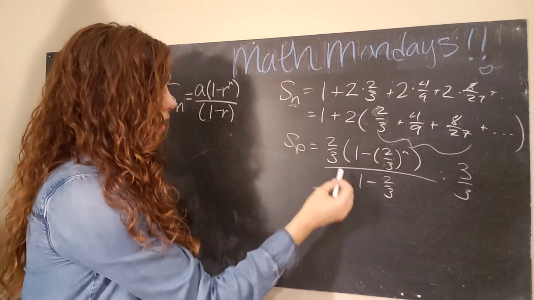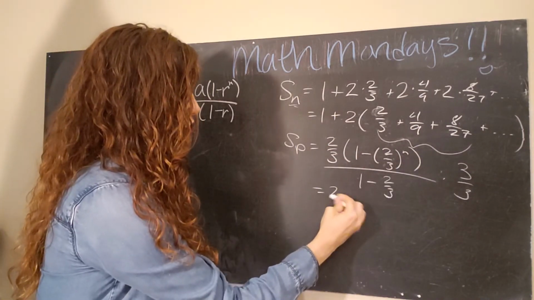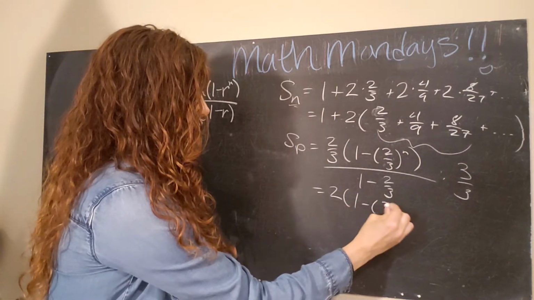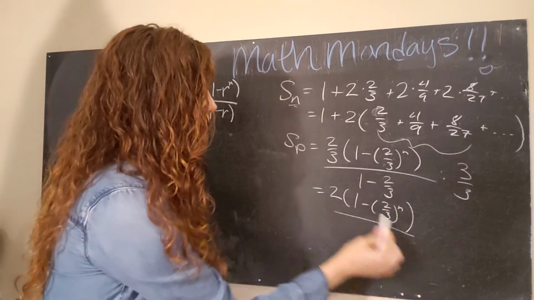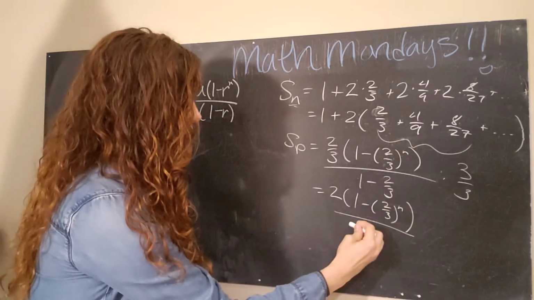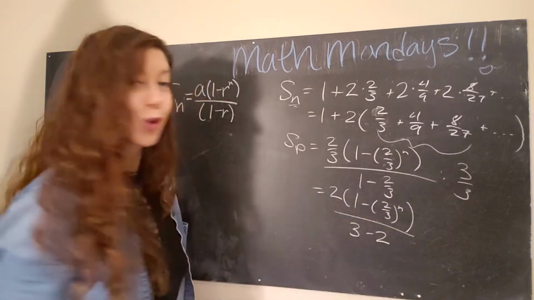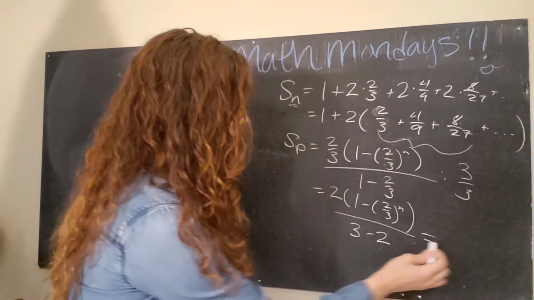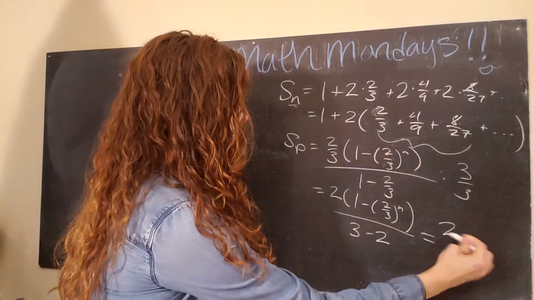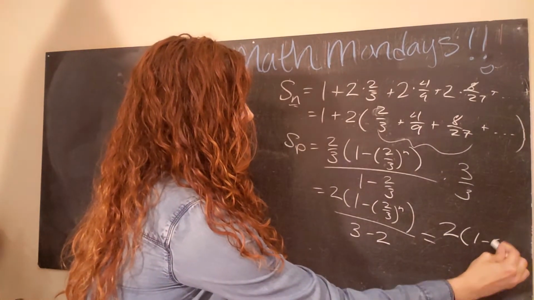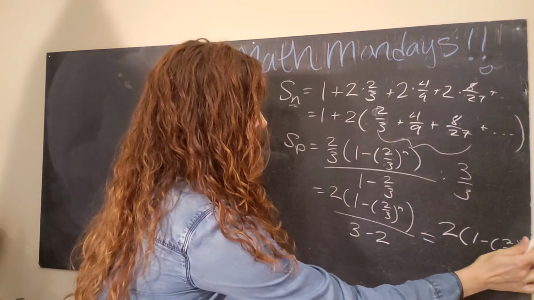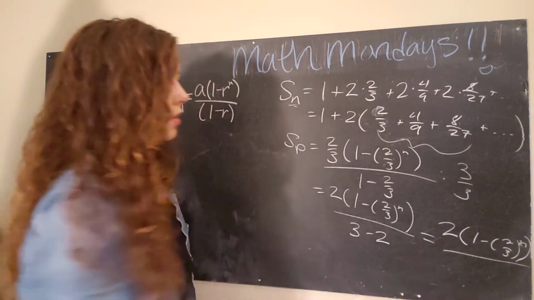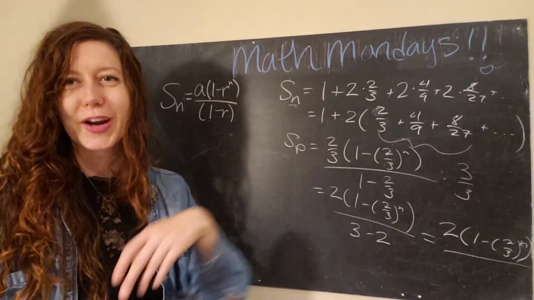The 3's cancel, and we get 2 times 1 minus 2/3 to the n. And on the bottom, we get 3 minus 2. Oh, look at that, it goes to 1. That's handy. So then we just get 2 times 1 minus 2/3 to the n, divided by 1, but we don't need to write that.